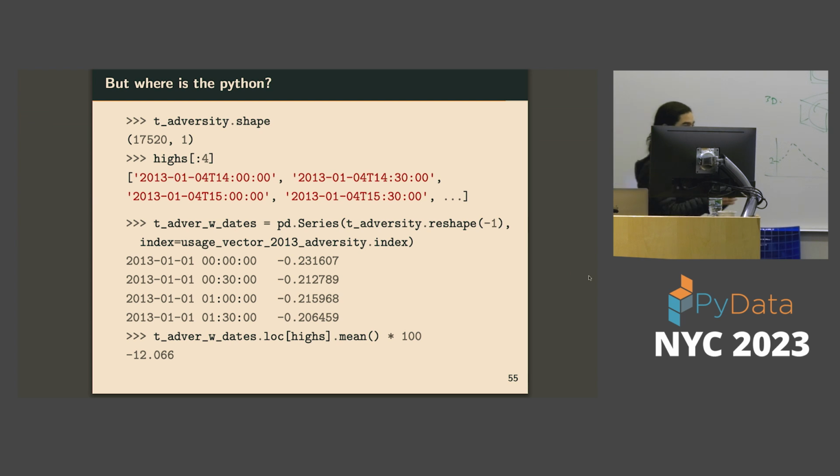This is already in percent space, so I'm taking the mean over all of those high half an hours, and so getting a single value for the treatment effect for the adversity group, multiplying by 100 just to take it into percent space. Any questions there? So what pandas allows me to do is use time series data very easily. If I didn't have pandas, it would take much longer, it would be more difficult.